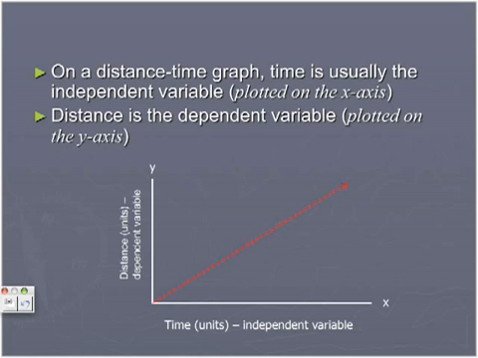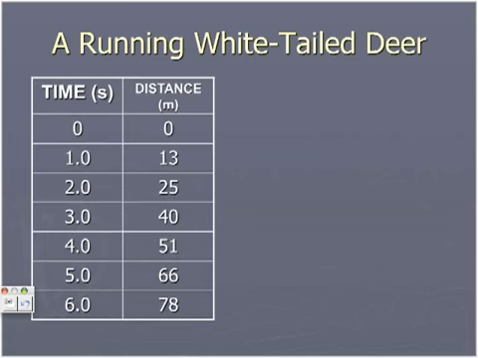Once we have our points plotted, we draw what we call a line of best fit between the points. Make sure you try to include as many points as possible close enough to that line of best fit. Here is a running white-tailed deer.